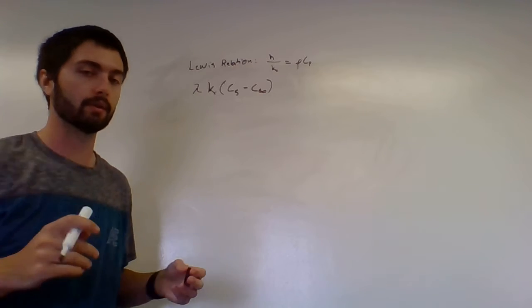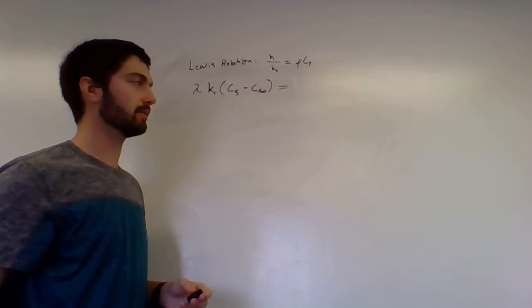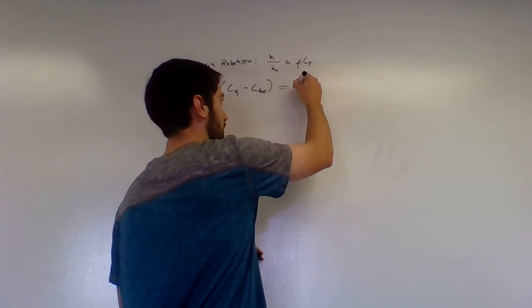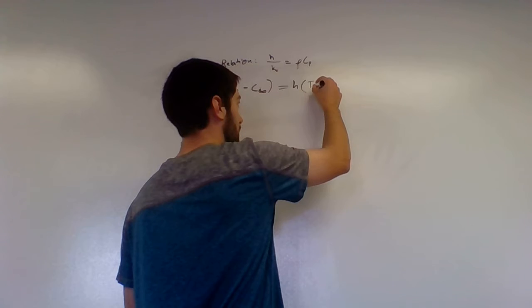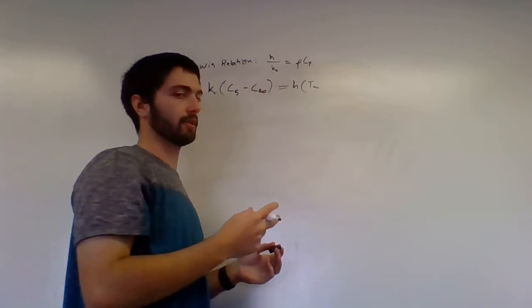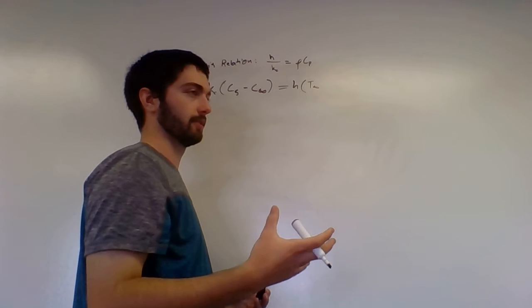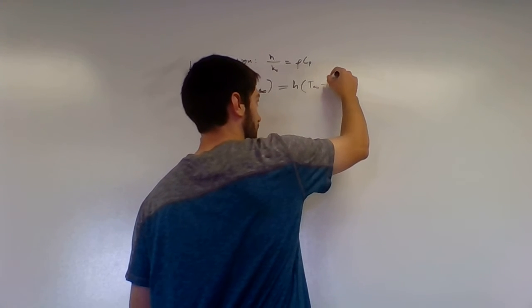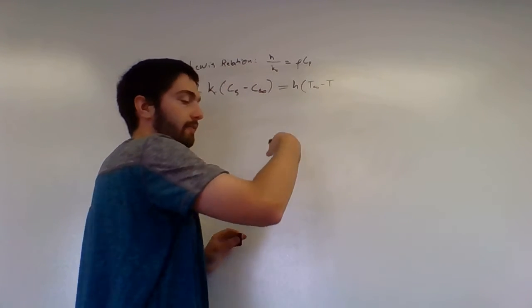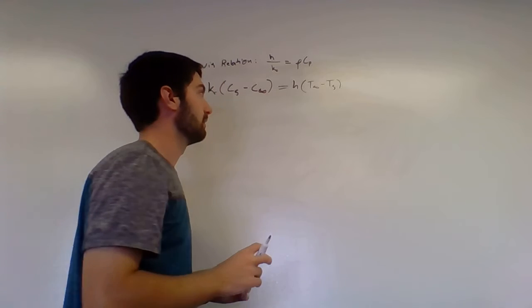And then we can set that equal to the heat that is being transferred during the process. So that'll be the heat transfer coefficient times the temperature difference. And as I said, the temperature on the surface will be cooler than the temperature of the surrounding air. So we'll do temperature of the surrounding air far away from the surface minus the temperature of the surface.